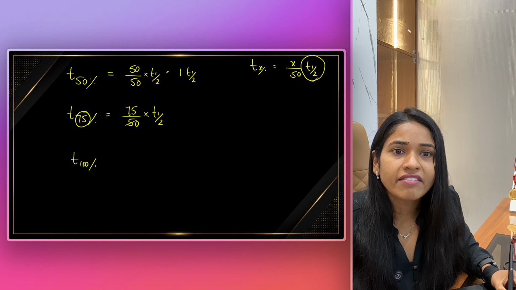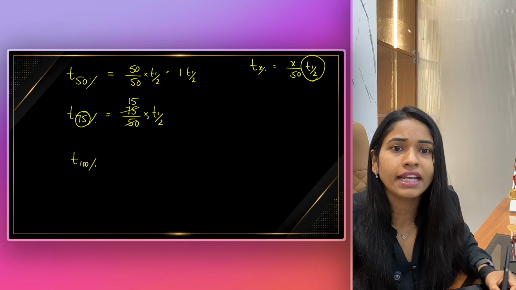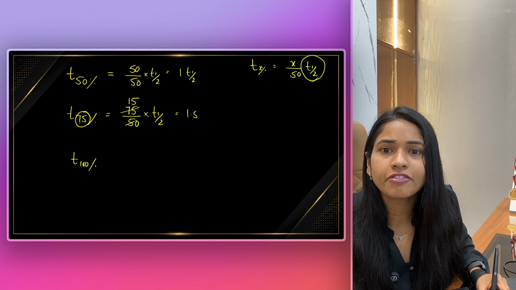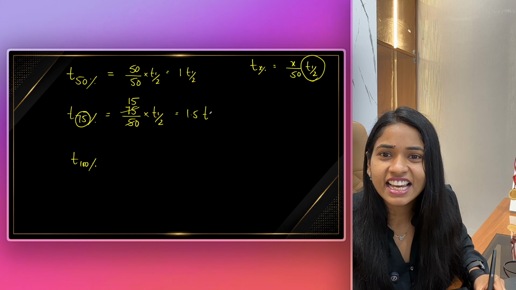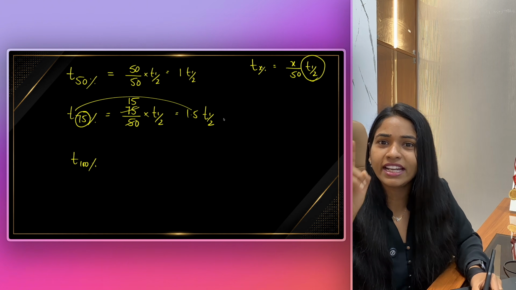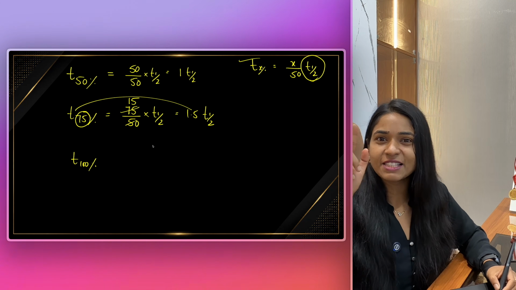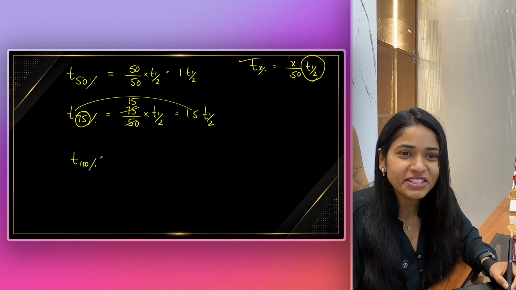So 5 ones are 5, 5 threes are 15, 5 fives are 25, 15 by 10 is 1.5 T half. See the relation, you no need to learn it by heart. T 75% means 1.5 T half. Just the formula is T x% is equal to x by 50 into T half.